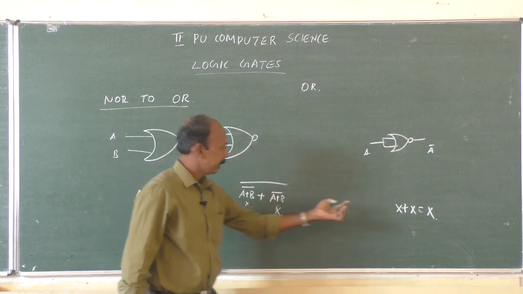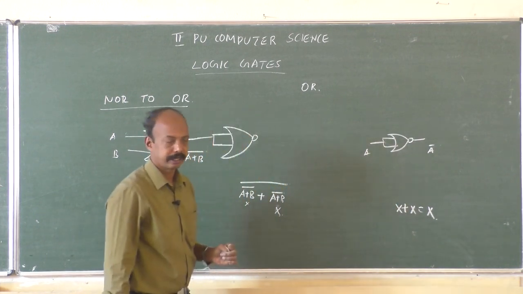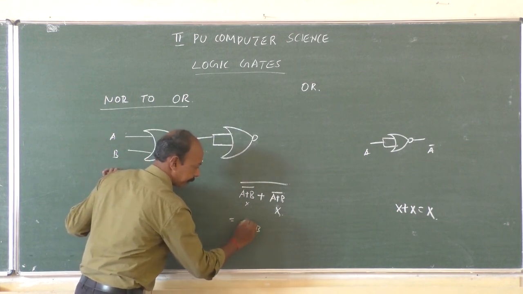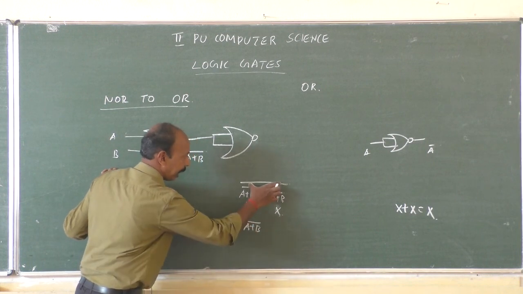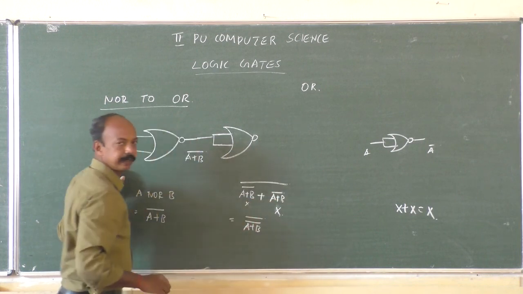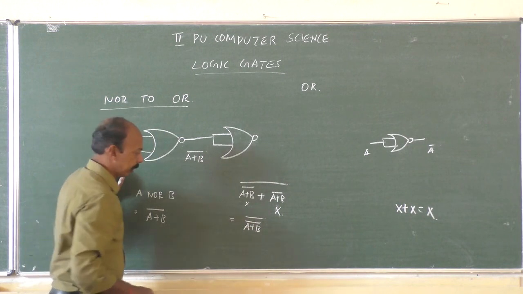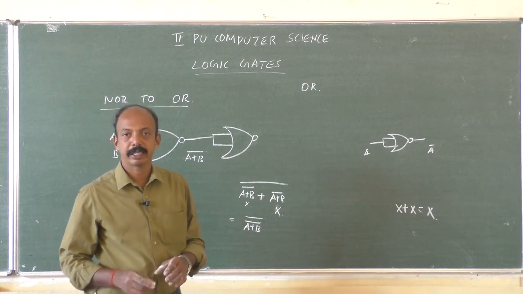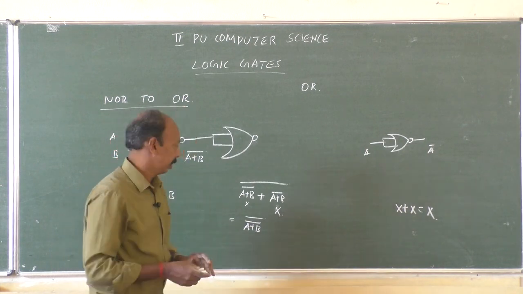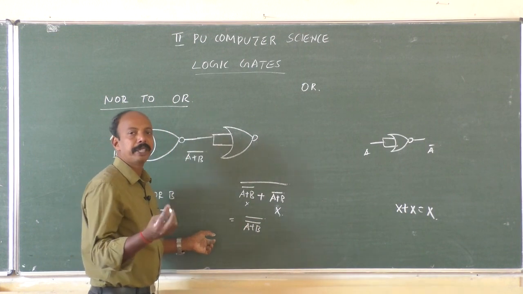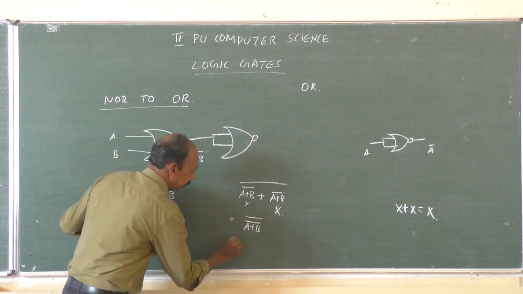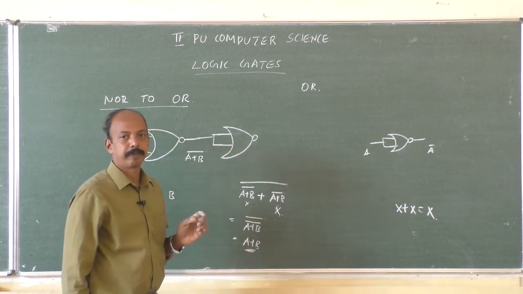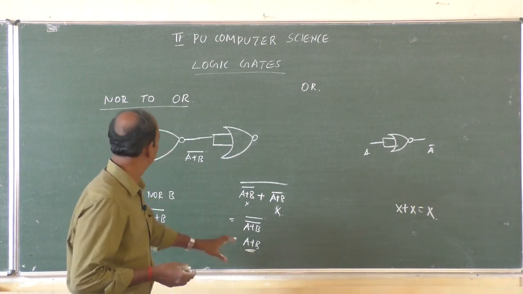Again, we have the result X plus X is equal to X, which could be written as A plus B. This is X, and this bar we shall write. From the involution, we know that X double bar is equal to X. Complement of your complemented variable will be the variable itself. That's why we will get A plus B as the result, getting OR from NOR.